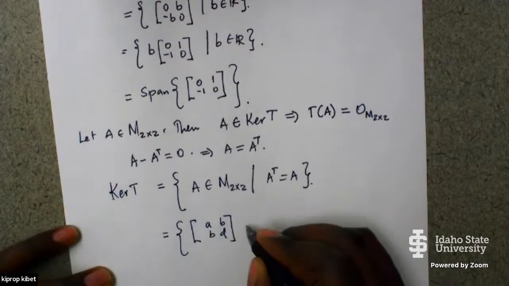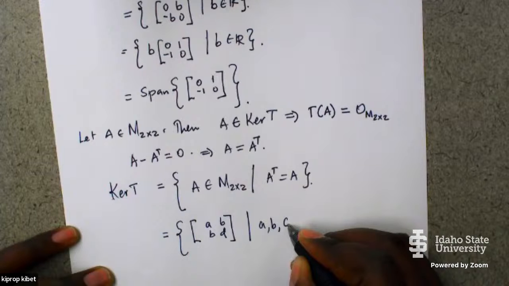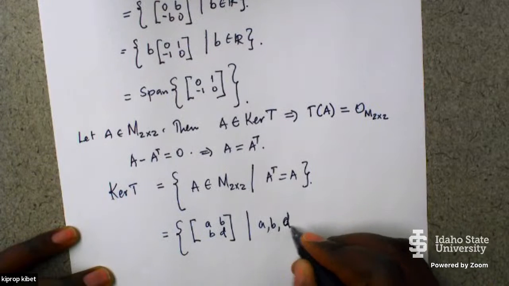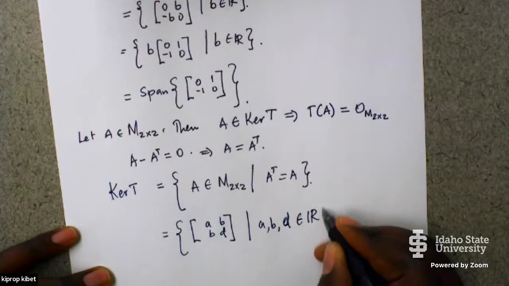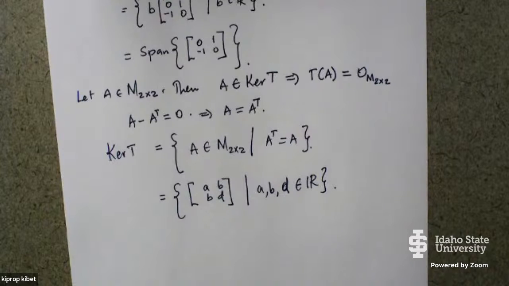For A, B, D elements of the real numbers, how can we write this?